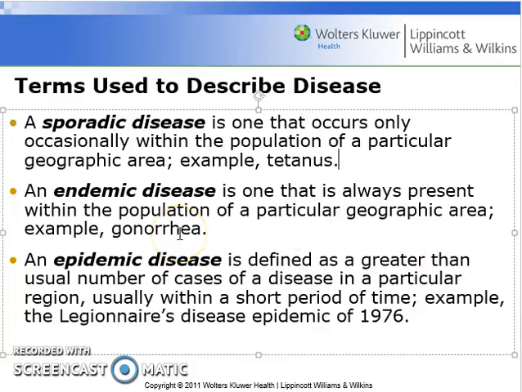An epidemic disease is a disease that is defined as a greater than usual number of cases of a disease. So an epidemic could be an escalation of an endemic disease. Epidemic diseases differ from endemic because they occur very quickly.